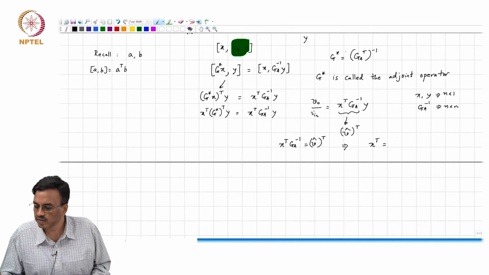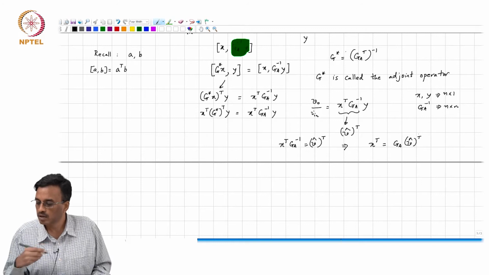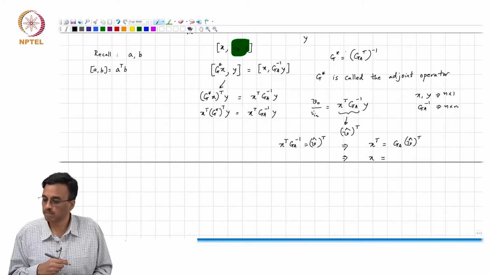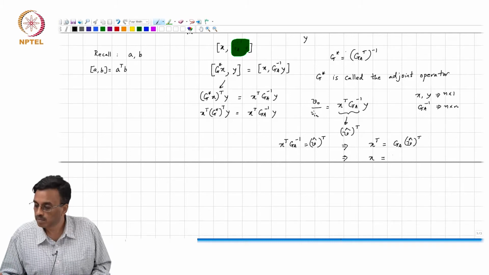X transpose is GA times V hat transpose, which is equivalent to saying X equals what? Pardon?